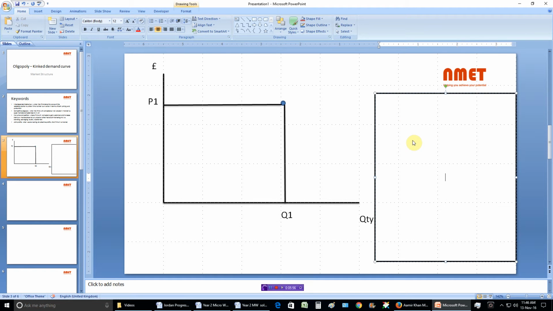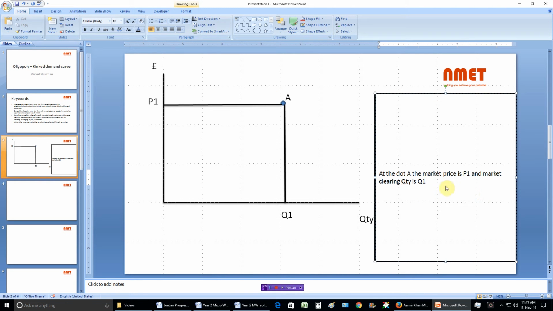So at P1, Q1, I'll probably have the black. At the dot A, so I need to put this dot, label it as A. At the dot A, the market price is P1, and market clearing quantity is Q1.